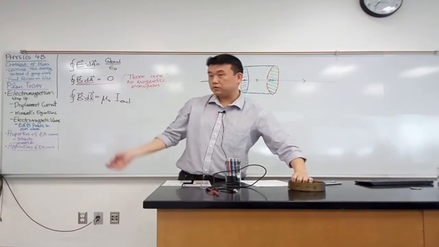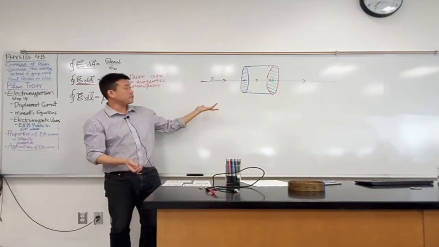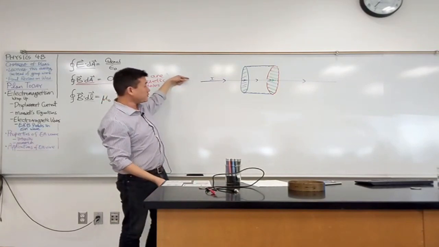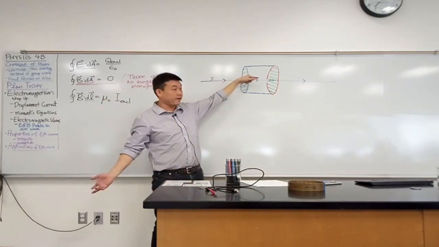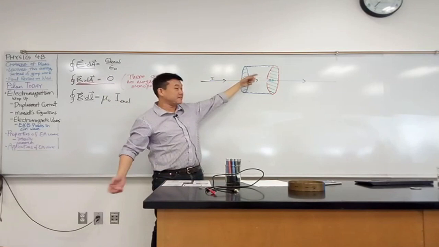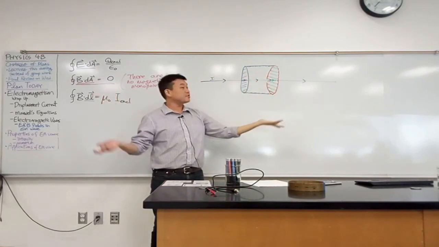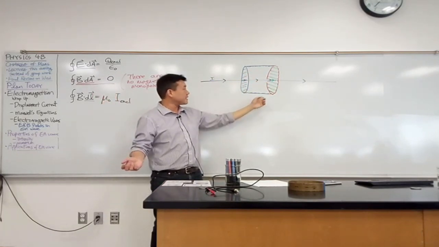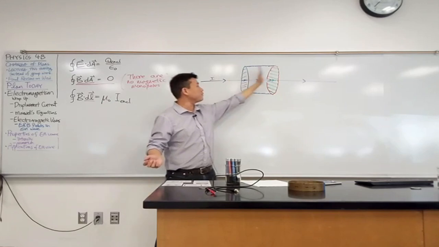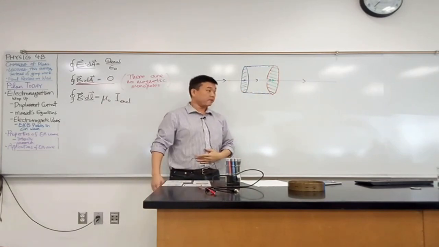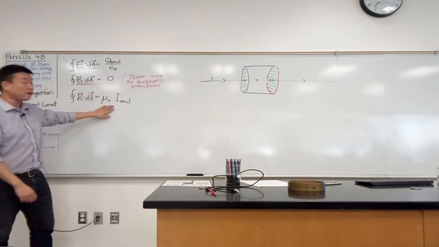And it turns out, no matter what kind of example you can think of, the current that comes in has to go somewhere. It's not as though current can simply disappear, because charge is conserved. This ambiguity in picking your surface ends up not mattering for the application of Ampere's law.